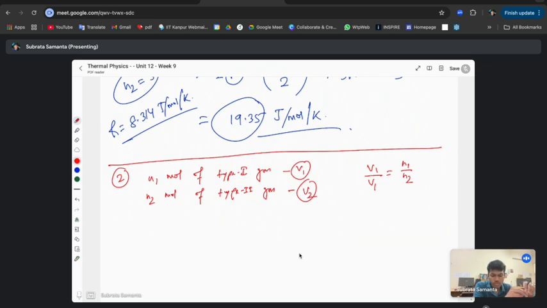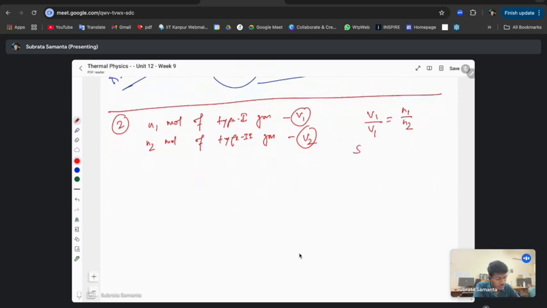Now you remove the valve connecting the two containers and allow the gases to diffuse into each other, but they don't interact, and reach an equilibrium state. Pressure and temperature are equal, so V1 by V2 is N1 by N2, because we use PV equals RT, the ideal gas law.